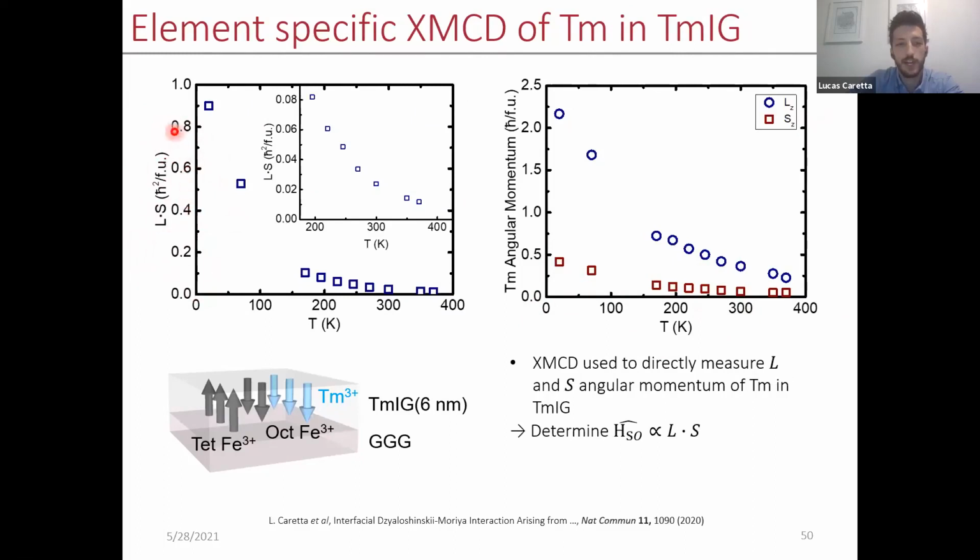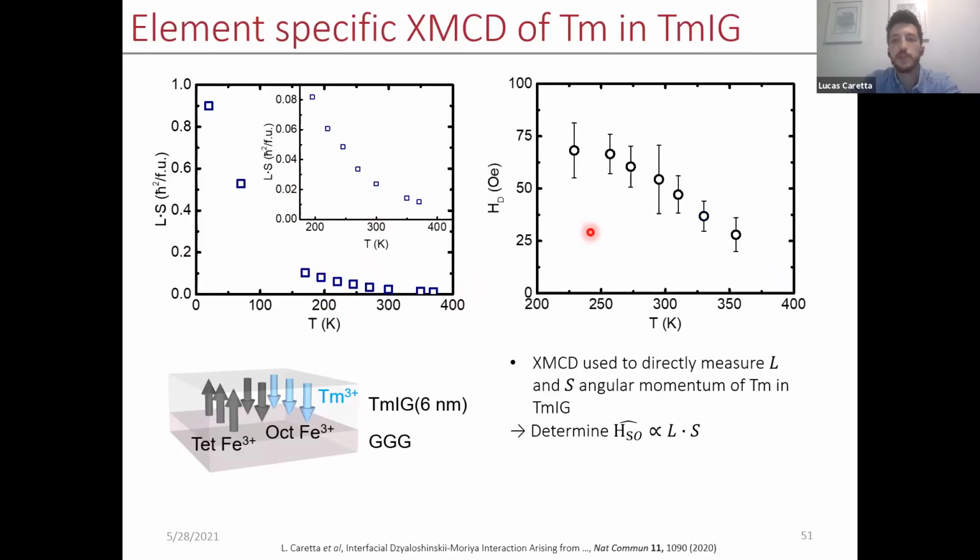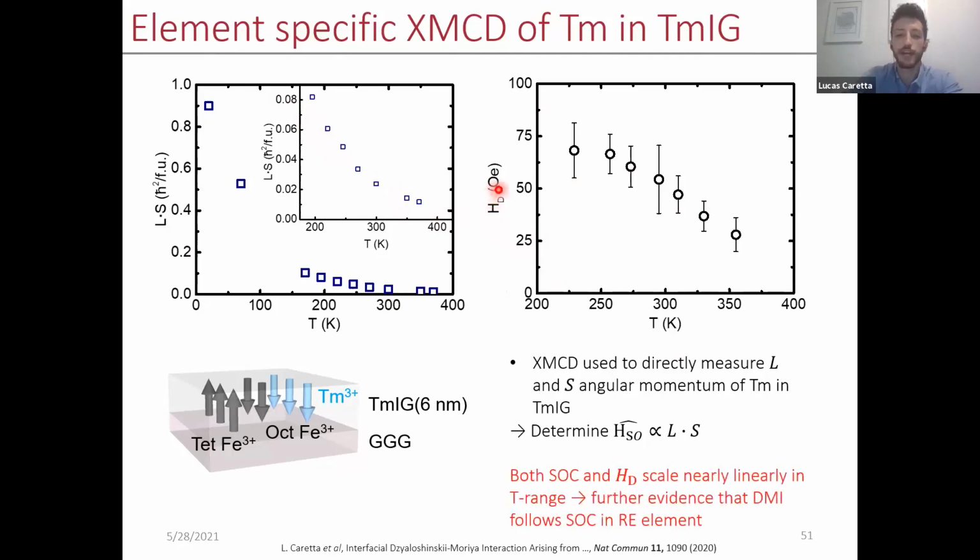So you can basically calculate what the spin-orbit coupling is in these systems as a function of temperature. And this inset here is just a zoom in of what it is from 200 to 400 degrees. And what you find when you measure the DMI as a function of temperature is that it closely follows what you see in the spin-orbit coupling of the rare earth material. So this is further evidence that the DMI actually follows the spin-orbit coupling of the rare earth material.